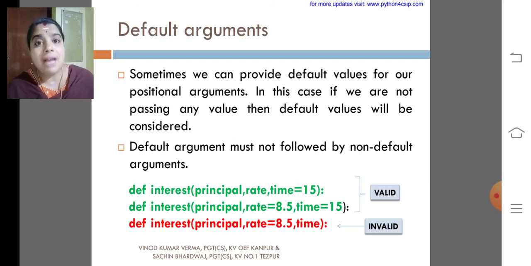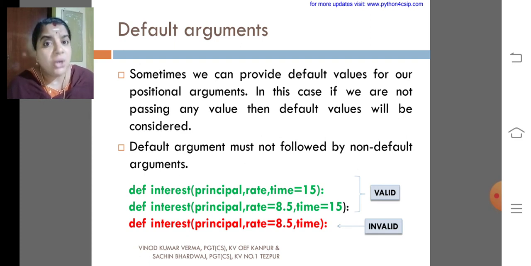If we are providing the values for rate and time, the interpreter will take the provided values only, not the default values. If we are not providing them, the interpreter will take the default values. My dear children, I am repeating again: the default values are only used when there is no positional value for the arguments.